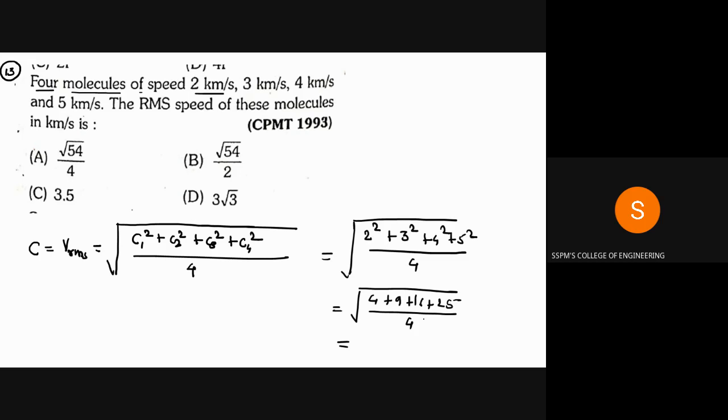If you add all these values, you will get 54 divided by 4. So square root of 54 upon 2. So this is the RMS speed. The option given is option B, which is square root of 54 divided by 2. Okay, so if the individual speed of gas molecules is given, then we can use this formula.